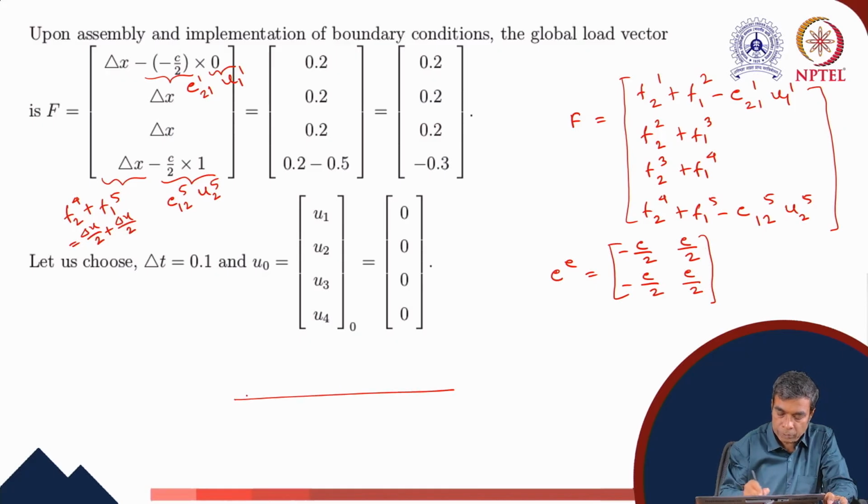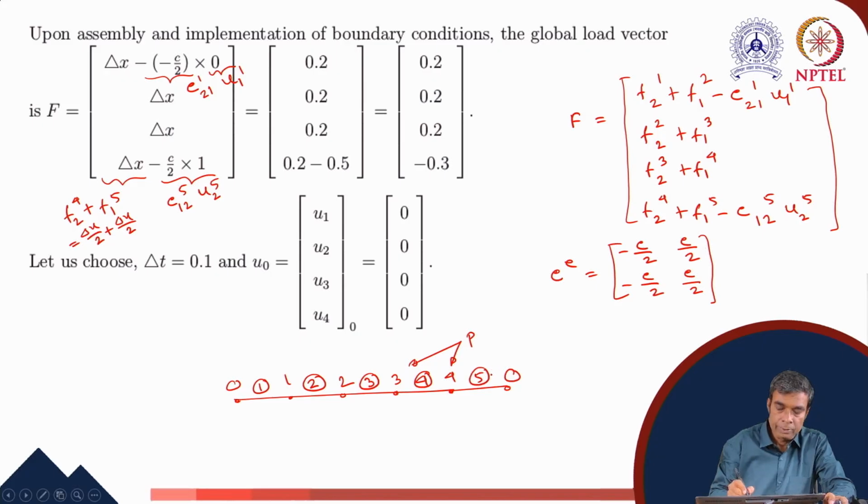For convenience, we can show the equation numbers once more here. So this is 0, 1, 2, 3, 4, 0. These are our global equation numbers. These are elements 1, 2, 3, 4, and the fifth element. So here we have considered a time step size of 0.1.